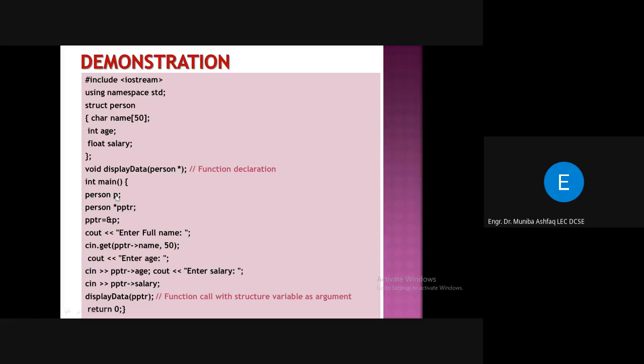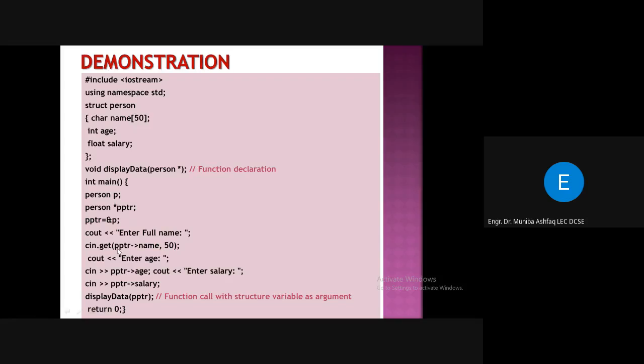In the previous example you wrote p dot name, but in this example I'm using the pointer to access the members. As the pointer holds the address of p, if I use this pointer to access the name, it means it has access to p name, p age, p salary, right? So I'm using this pointer to access the members.